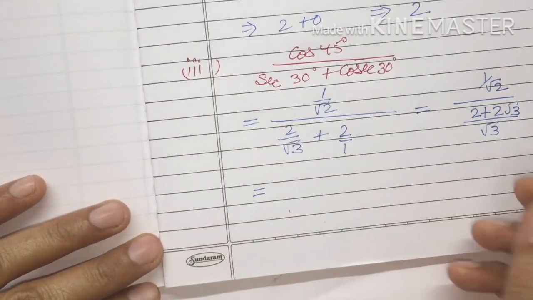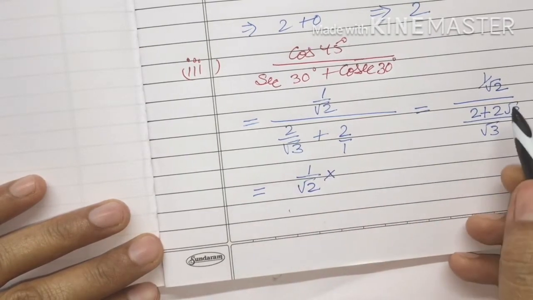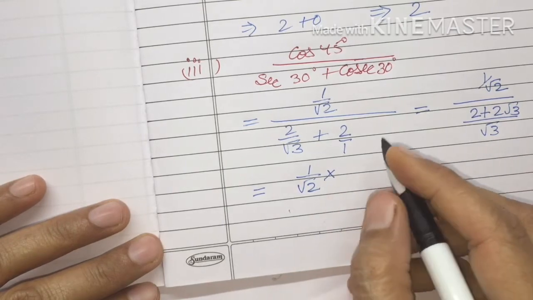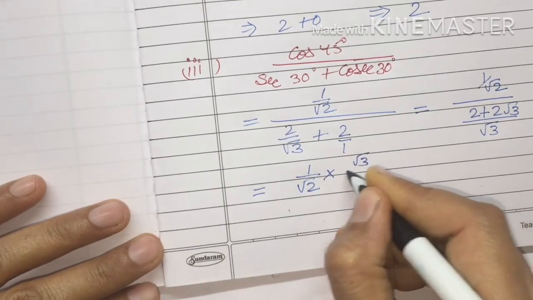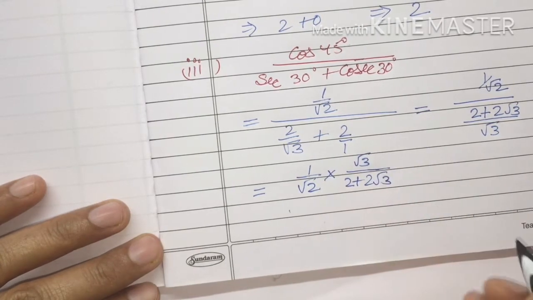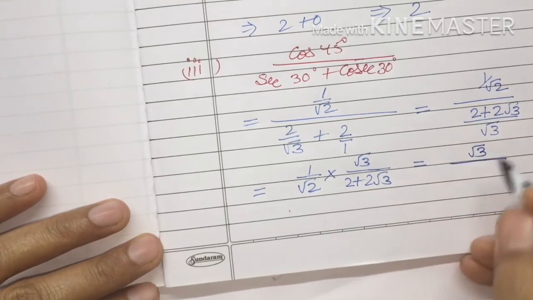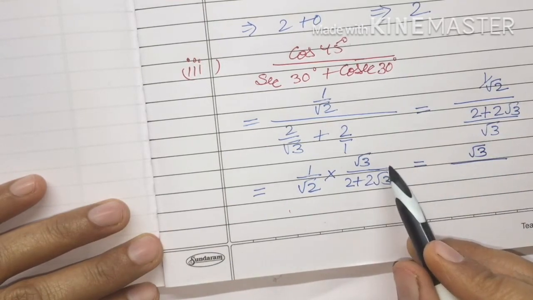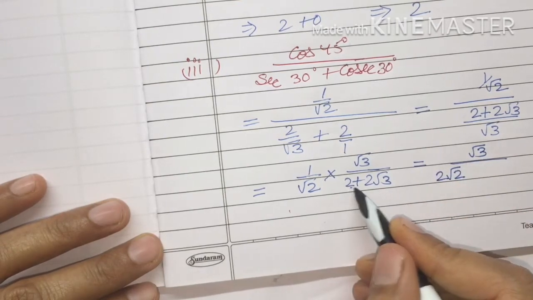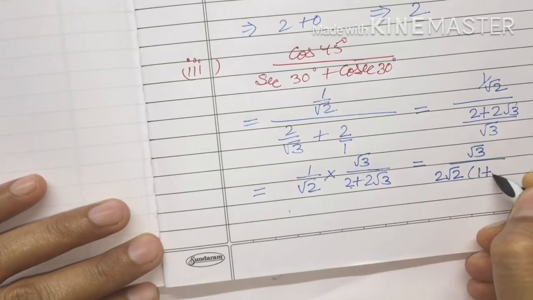Now we will take this to the upside, so 1 upon root 2, when it goes up, we will take the reciprocal, so root 3 up and 2 plus 2 root 3 down. We can take root 3 into 1, root 3, and 2 root 2 we are taking common from here, and what is left? 1 plus root 3.